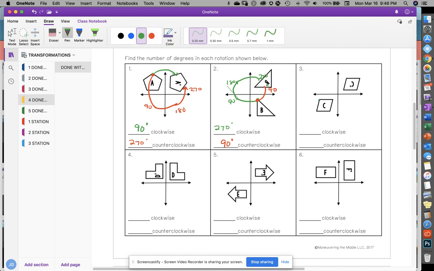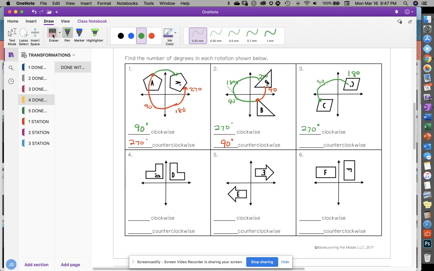All right, so here's my pre-image. I'm trying to get to that image there. If I'm going to go clockwise, I go to the right. So this is 90 and this is 270. So I went 270 degrees clockwise. Now, not 270, just saw my error, 180.